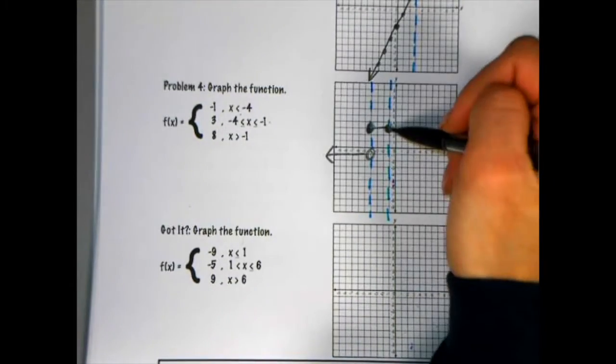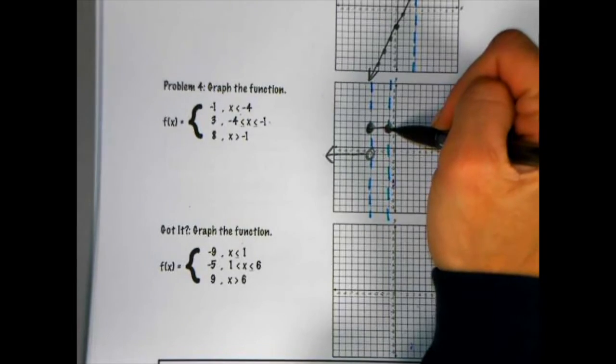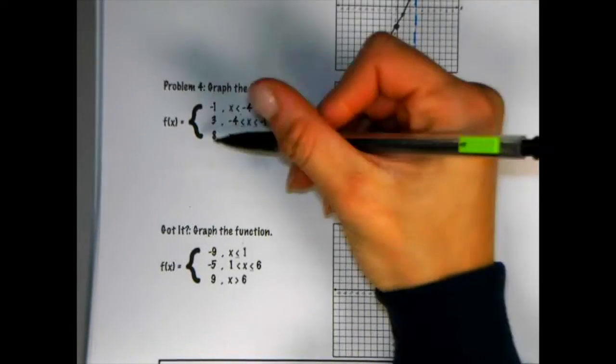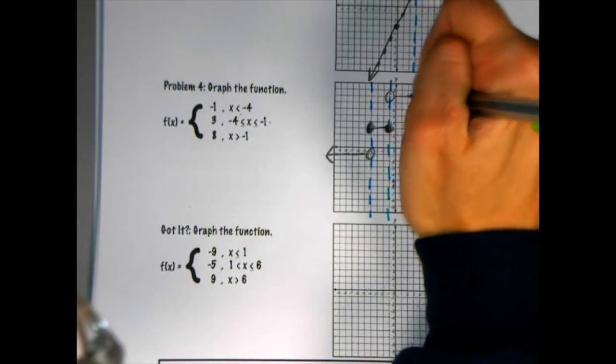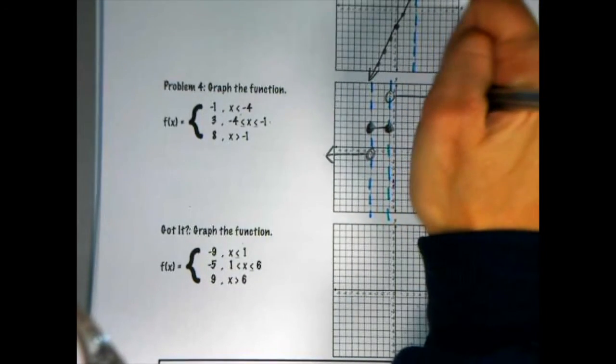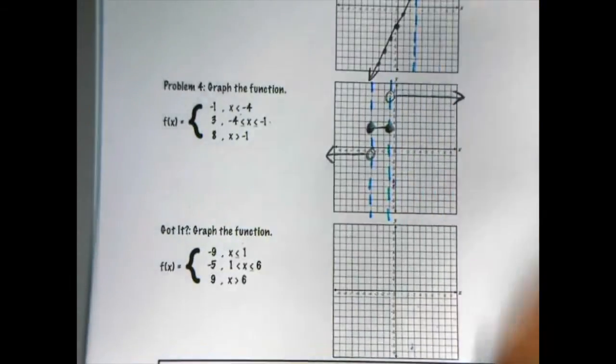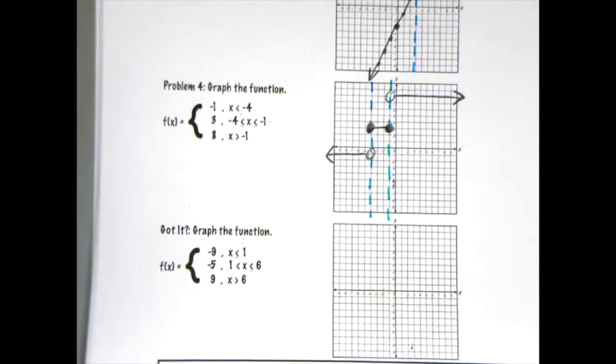Okay, and then so the next one, if this one's closed, the next one should be what? Open. Yep. So, and that's at 8. And that one's going to go this way, like that. Not too bad?